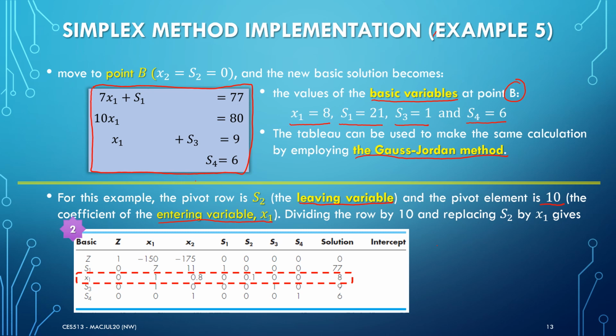So dividing the row by 10, which is this row in the first tableau, and replacing S2 by x1, where originally S2 was, will give the new tableau as shown here. Alright, this is the second tableau.